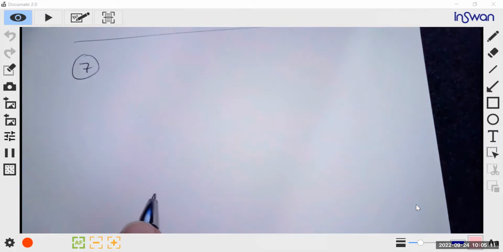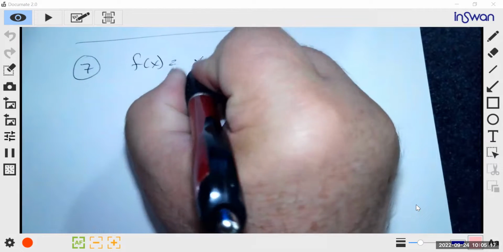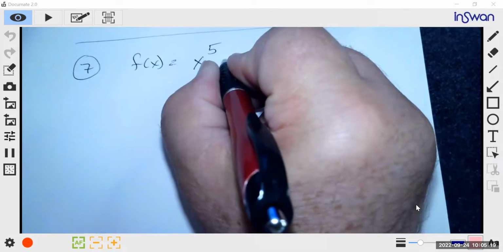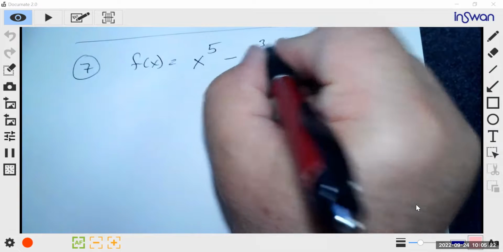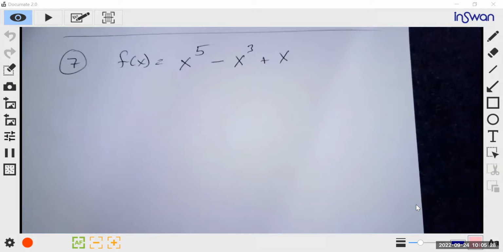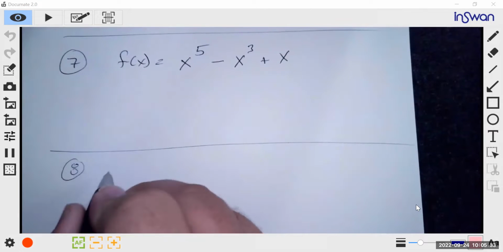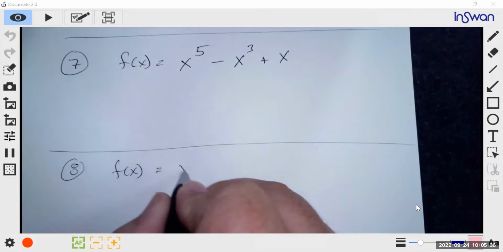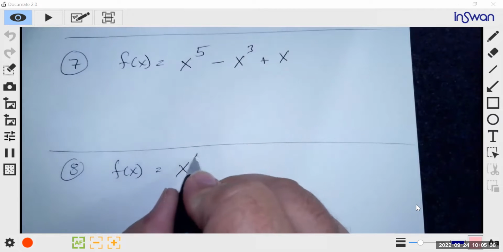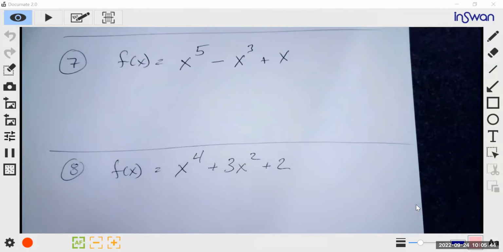Okay. Let's look at these last two. X to the 5th minus x cubed plus x.